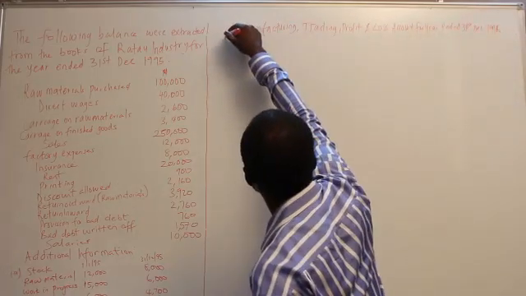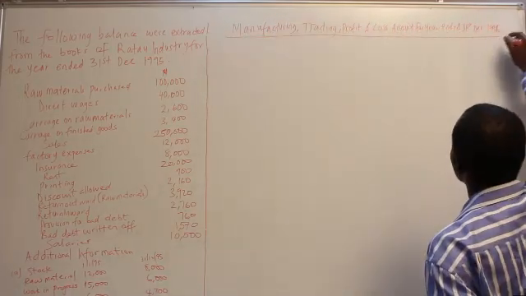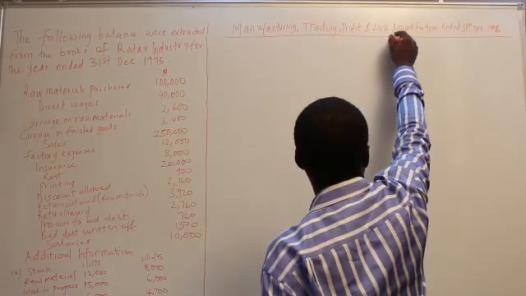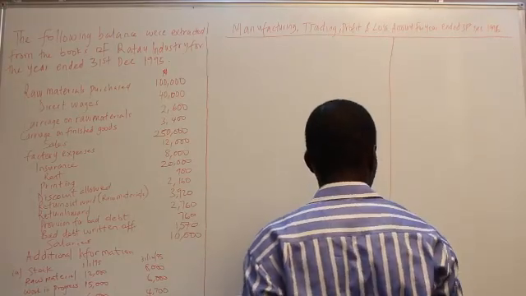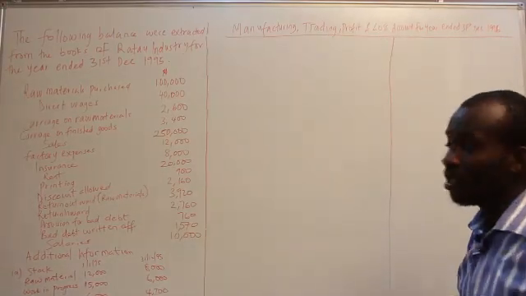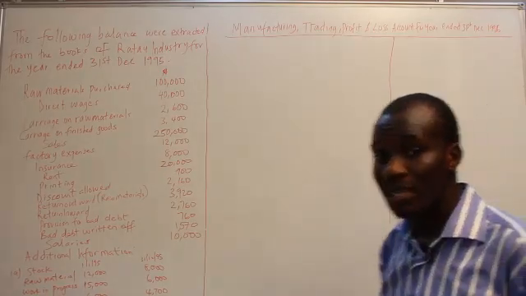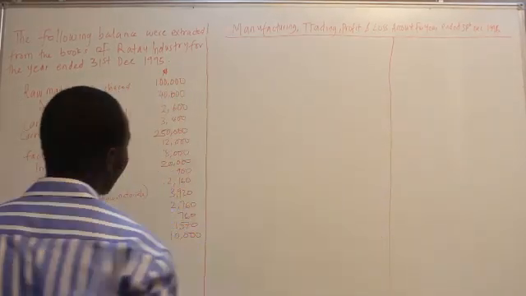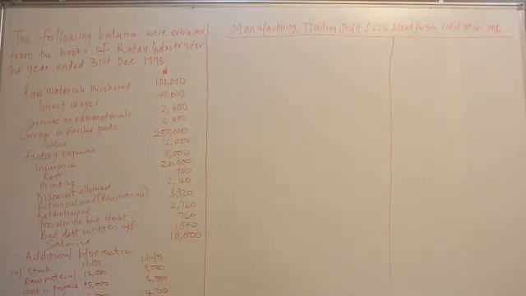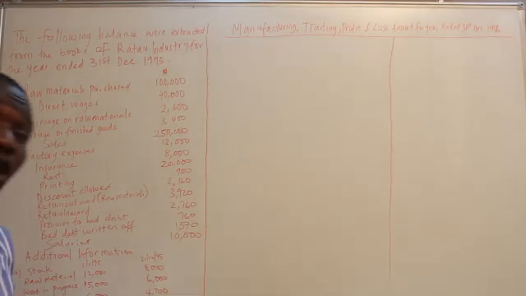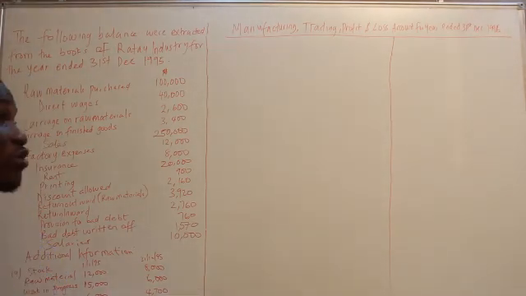So we have this down. Now the first thing is to prepare the manufacturing account. Preparing the manufacturing account involves us determining the raw materials, everything that involves the raw materials.